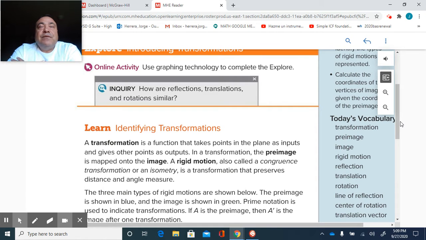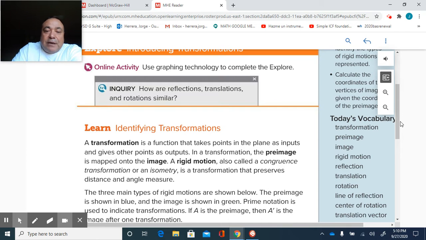If you take a figure and you move it around or transform it from one place to another, it will preserve its angle and it will also preserve distance. It will not change the figure in any way. The distance might be moved by the transformation, but it will keep the same angle. That's what a rigid motion is.